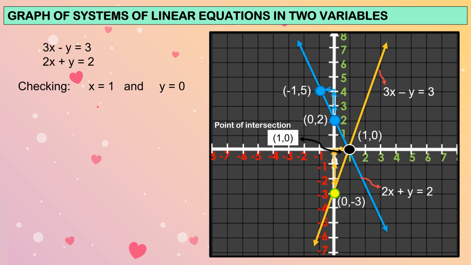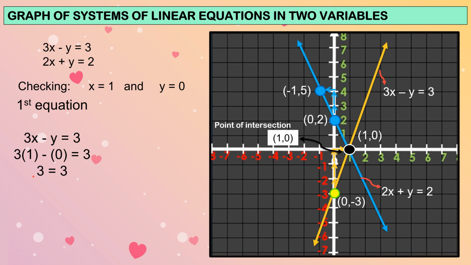We are going to substitute x is equal to 1 and y is equal to 0. For our first equation, 3x minus y is equal to 3. Substitute x into 1 and y into 0. 3 times 1 minus 0. Therefore, we have 3 is equal to 3.